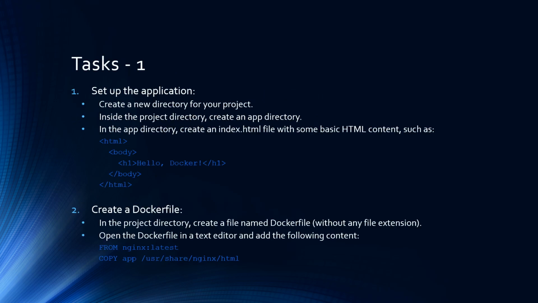The first set of tasks focuses on setting up your application environment. When creating your project directory, consider implementing proper version control from the start. Initialize a Git repository and create a .gitignore file. The HTML content provided is minimal, but feel free to expand it to include more complex features like CSS styling or JavaScript functionality.